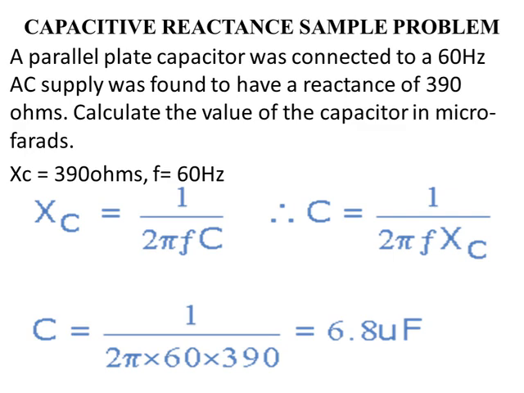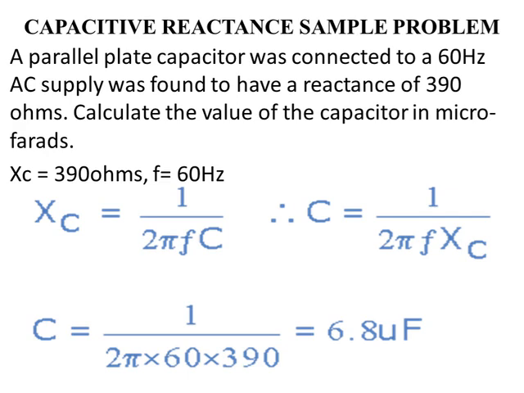Now we have been given the frequency and the reactance. So all we do is C equals 1 over 2 pi, times the frequency, 60 hertz, times 390 ohms. By the time you multiply all this together, our final answer in microfarad will be 6.8 microfarad.